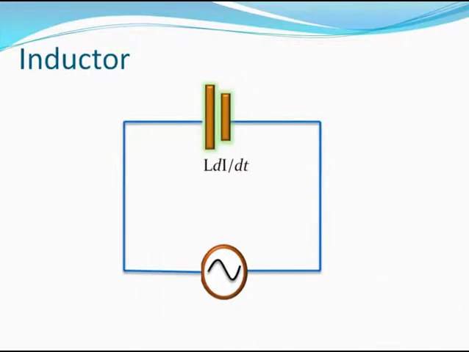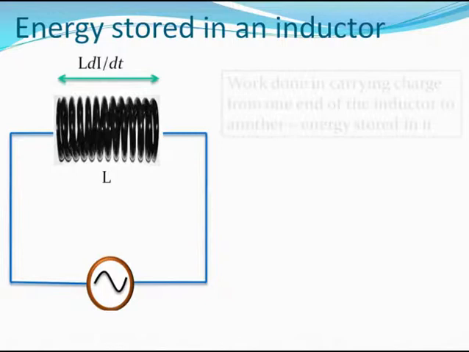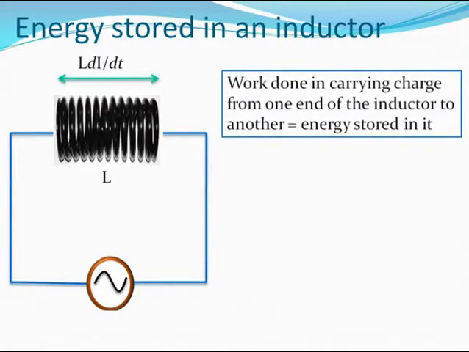Inductor is basically any substance which has a self-inductance or which has a tendency to get an EMF induced on itself. We can also calculate the energy stored in an inductor very easily. The energy stored in an inductor is basically the work done in carrying the charge from one end of the inductor to the other end.